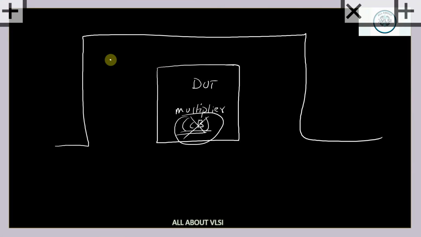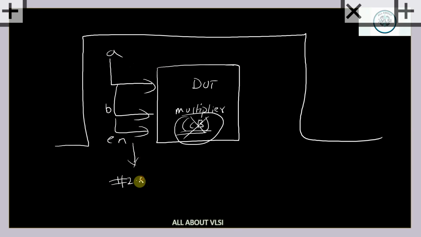In the testbench, for driving my values A, B, and enable, I'm going to use the clocking block. That is, after 2.5 nanoseconds, I'm going to drive the values. And before 1.5 nanoseconds, I need to sample the values before the positive edge of the clock.